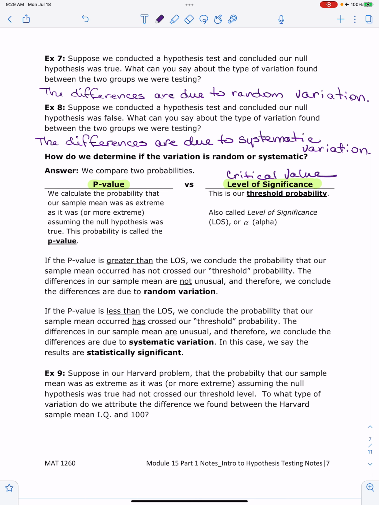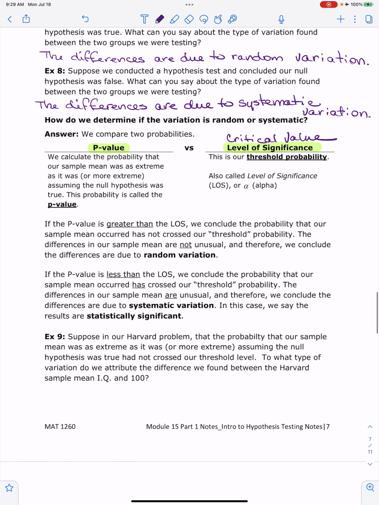So, and let me apologize in advance for the way this question is worded. Example 9, we're going to suppose in our Harvard problem, that the probability that our sample mean was as extreme as it was, assuming that the null hypothesis was true, had not crossed our threshold level.